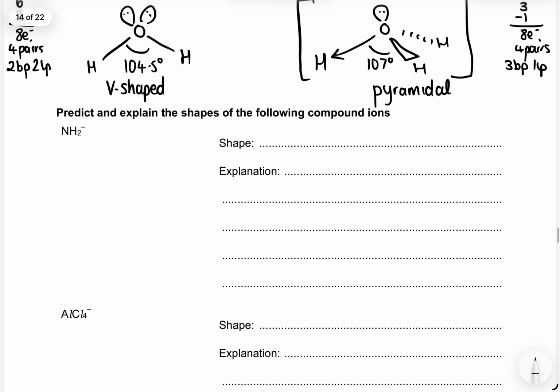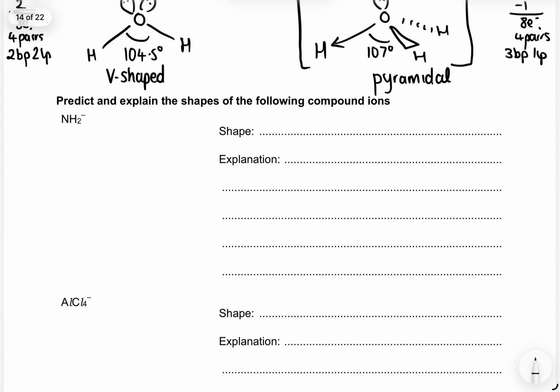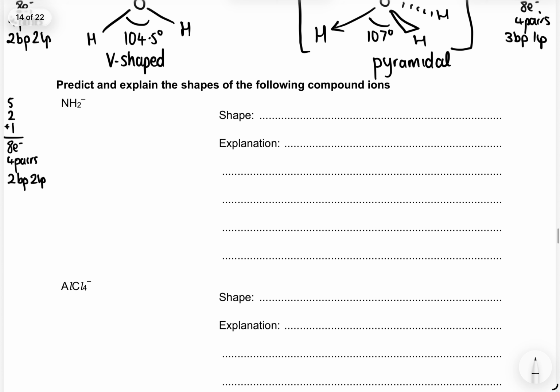And then we've got some ions to do as well. So same idea. Nitrogen's in group 5, 2 hydrogens, and a minus 1 charge means add an electron. 8 electrons or 4 pairs. 2 bond pairs, 2 lone pairs.